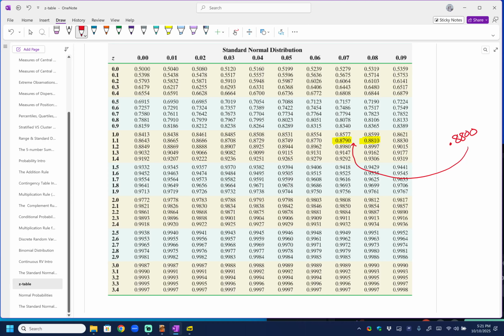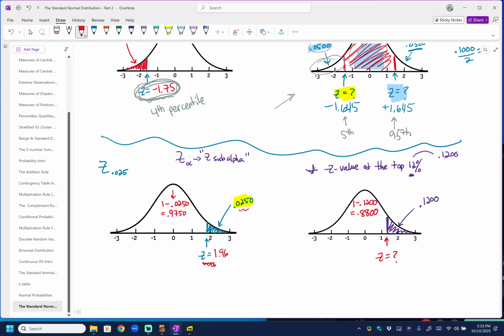So we're going to go over here and see that this is going to be 1.1. And if we go up, we're going to get to 0.07 and 0.08. So halfway between that is 0.075. So therefore, our value is going to be 1.175, which we can now throw into our answer to our problem.